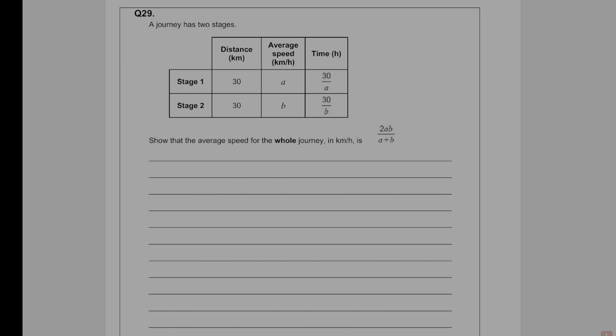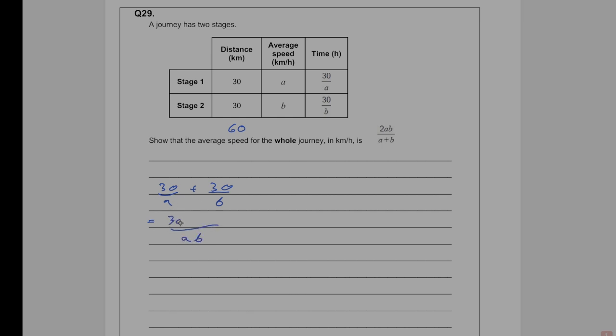Average speed for the whole journey. So the average speed, we need the total distance. So the total distance is going to be 60. And then the total time for it would be these two added together. So the total time would be, let's do 30 over A plus 30 over B. So we need to put them over the same denominator of AB.